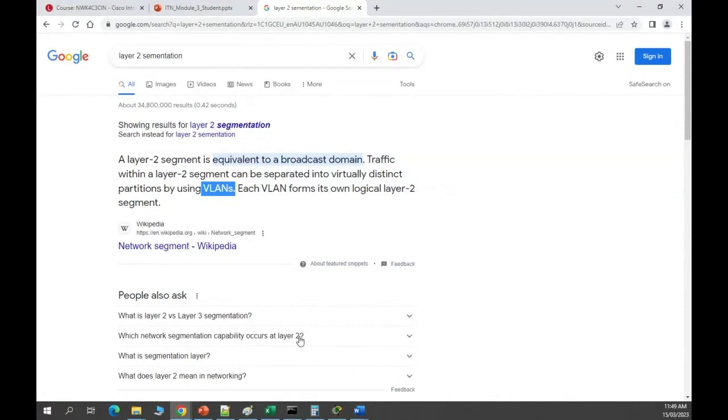That's where if we have two physical switches, they're different physical networks, aren't they? If I've got a PC plugged into this switch and another PC plugged into that, they're not connected. They're separate networks. But what if I don't have two physical switches? What if I have one physical switch with 24 ports, but I want 12 of these computers on one network and 12 of those computers on another network?